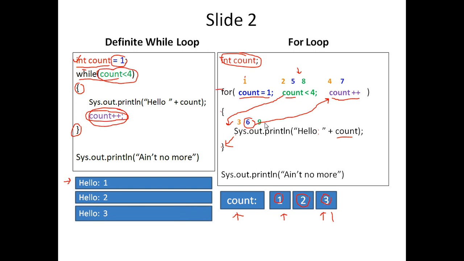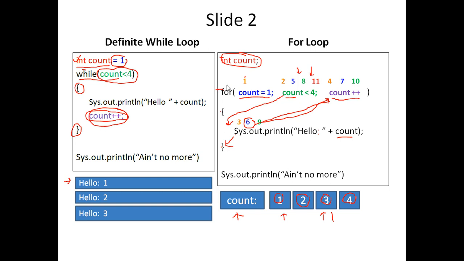So now that we're done here with this print statement, we have the end of the loop, ending brace there. So we're going to go back up here. And the count is going to be altered. It becomes 4. So now count is 4. So now we're going to go over here and see, is 4 less than 4? Well, no it's not.